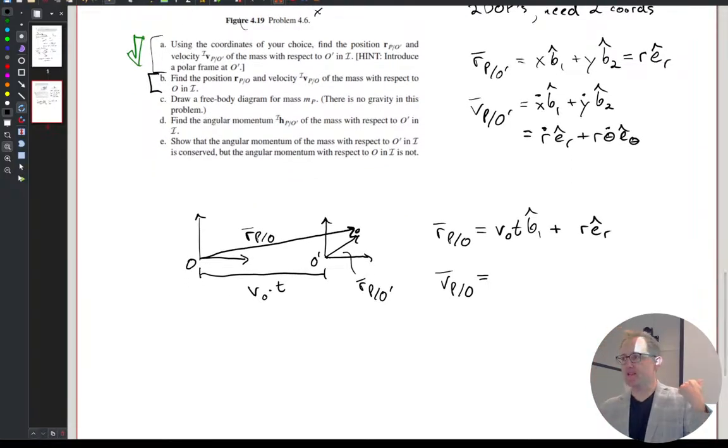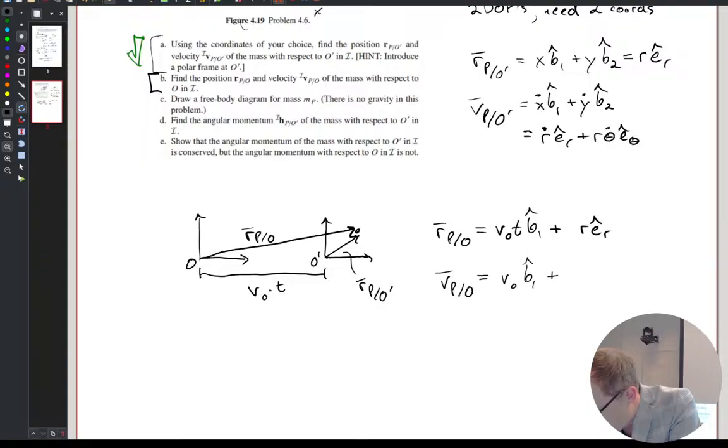Because now when I take a derivative, what does that look like? What's the derivative of V0 t B1 with respect to t? It's just V0, and B1 is always pointing to the right. This is what I mean: it saves a little time.